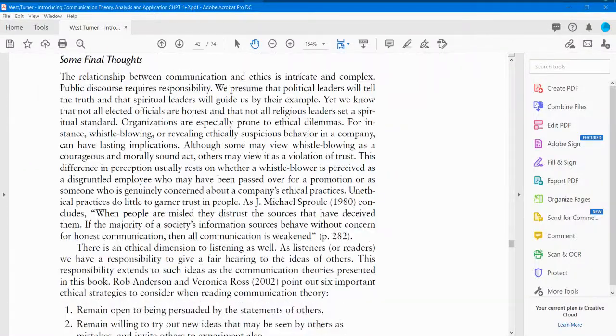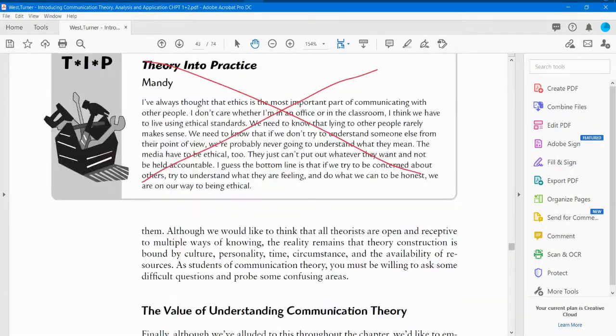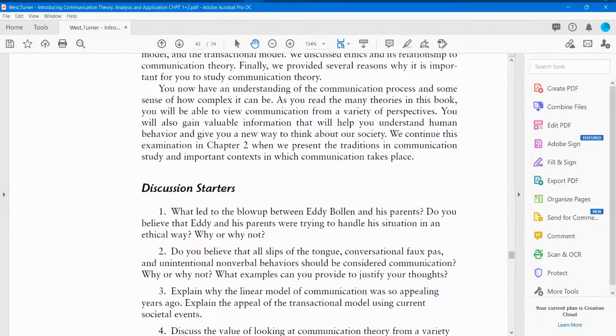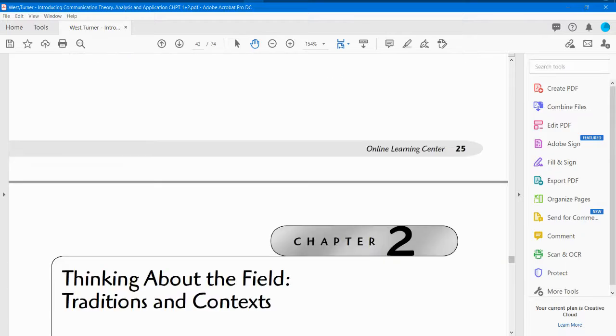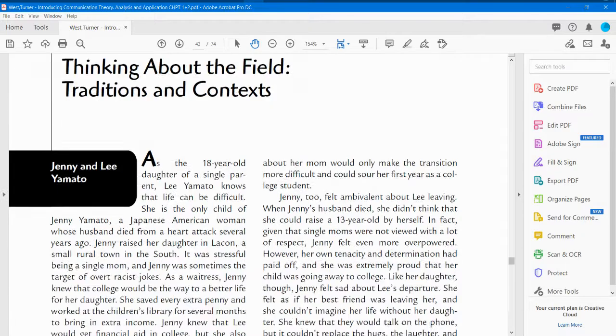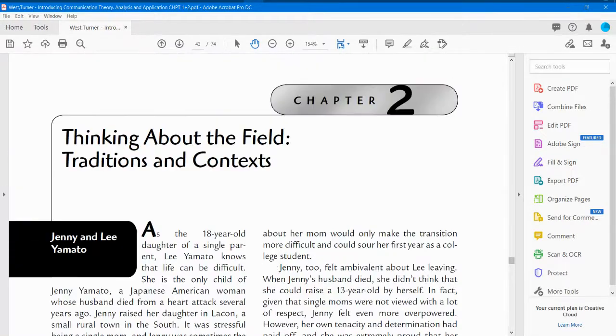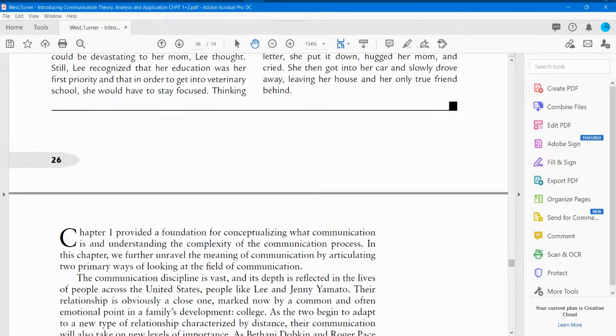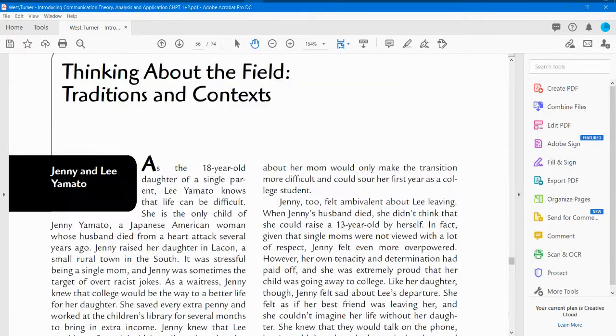You must know the different areas and contexts and why you should study communication theory, etc. Right? As you move to chapter 2, and like the things I was telling you about earlier to ignore, like Jenny and Lee Yamato, this is just anecdotal. So in other words, you can read this, it's interesting and so on, but I'm not going to test you on it, so you can skip these sections when you're preparing for the final exam, right?